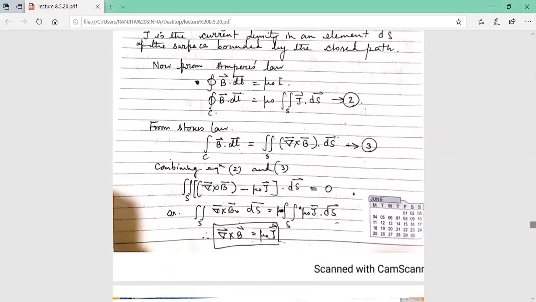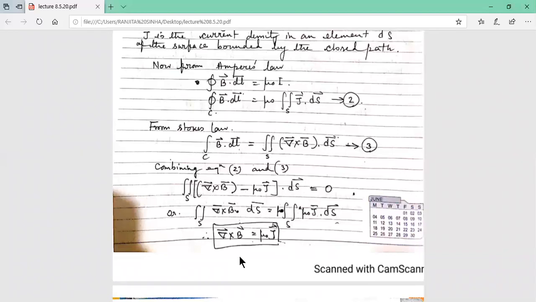Ultimately what are we getting? Surface integration of curl of B minus mu 0 J dot ds equal to 0. So ultimately we can write curl of B equal to mu 0 J. This is the differential form of Ampere's circuital law.